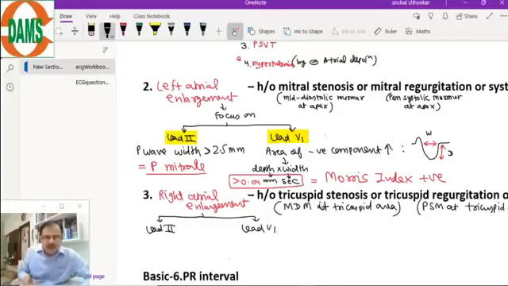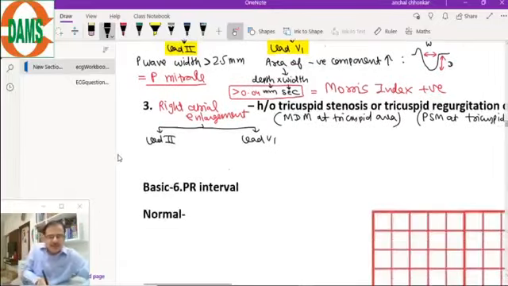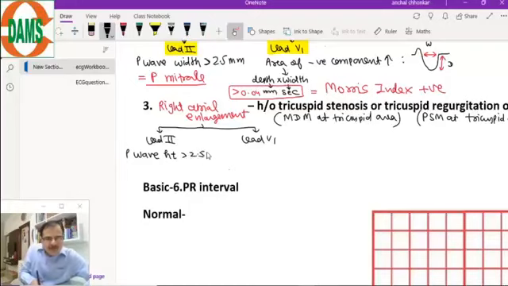Now, in lead 2 we will focus on the enlargement of height. The P wave height will be more than 2.5 mm. So here the height will increase in lead 2, and the majority of right atrial enlargement cases are due to COPD, remember, due to cor pulmonale.